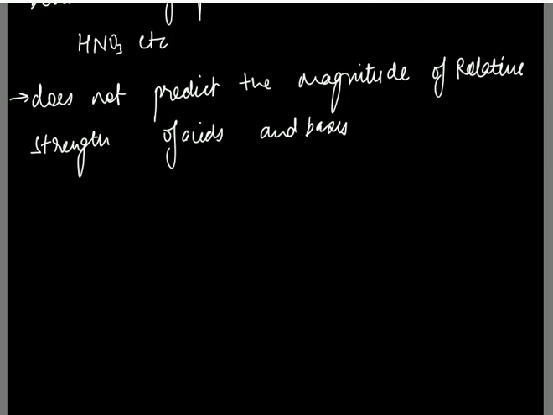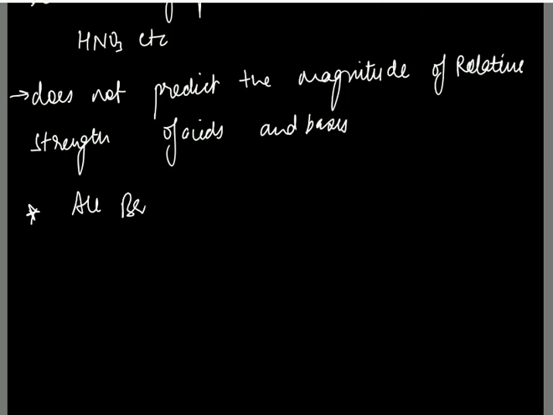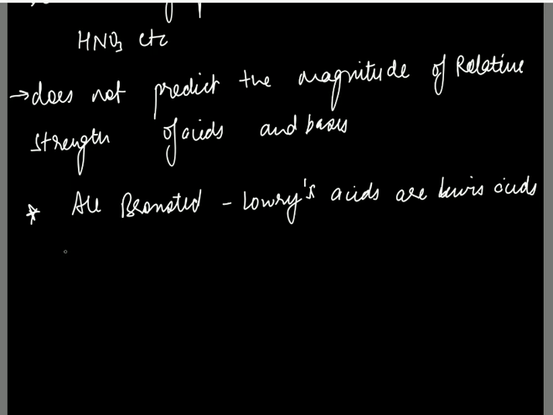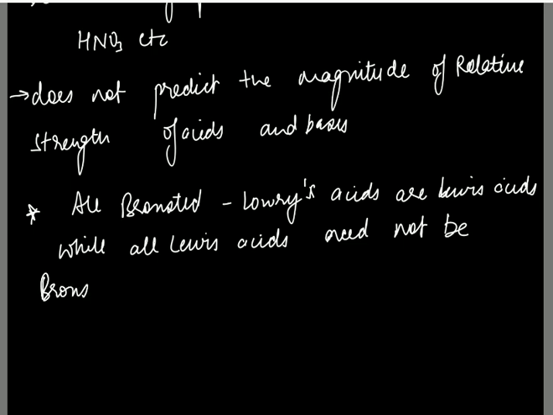So the golden line that we can remember: all Bronsted Lowry acids are Lewis acids, while all Lewis acids need not be Bronsted acids.